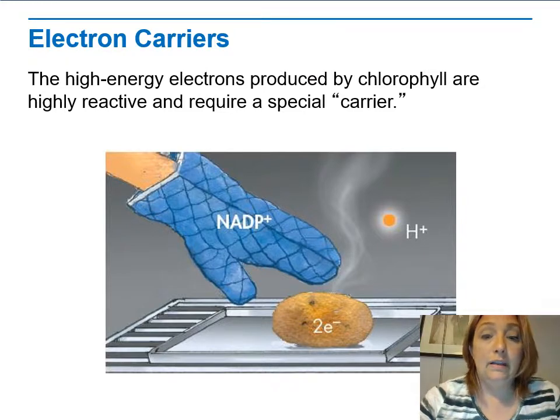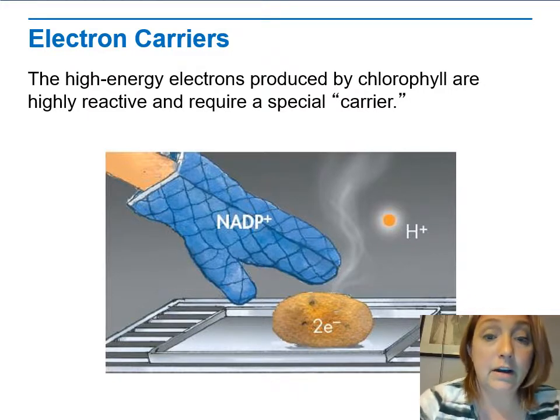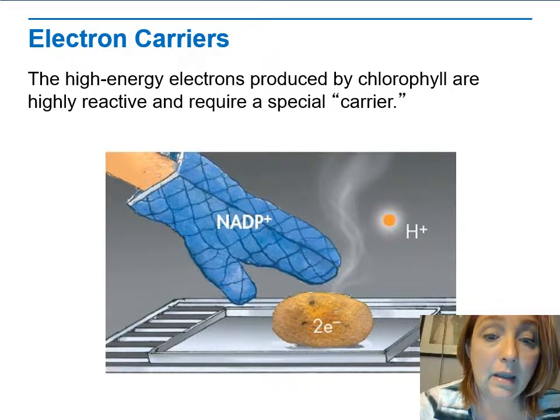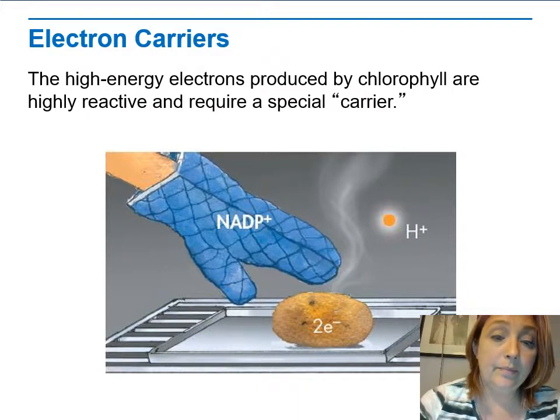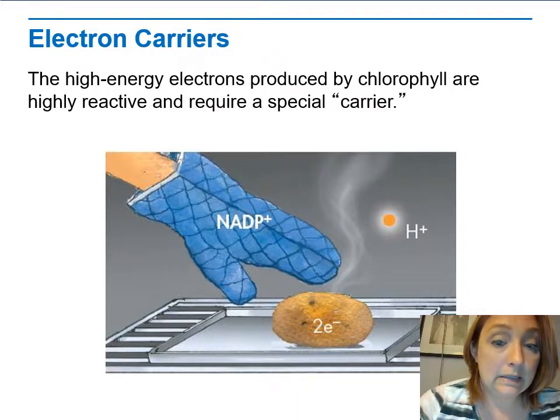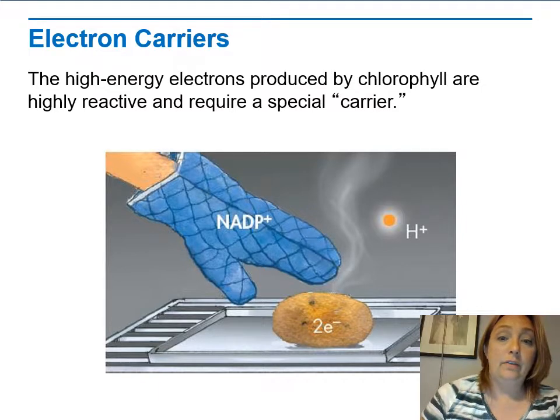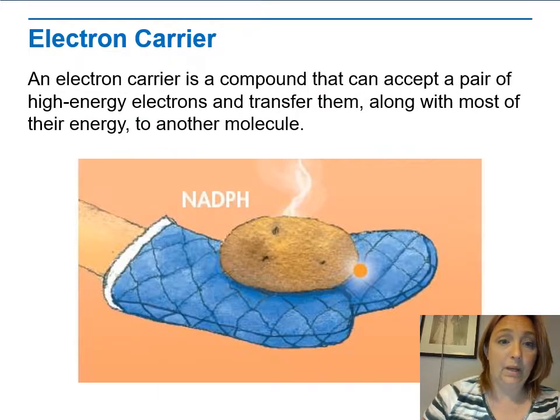So in our picture here, we have an oven mitt with the letters NADP+, okay? NADP+ has the ability to grasp not only 2 electrons, but also the hydrogen that's associated with them.